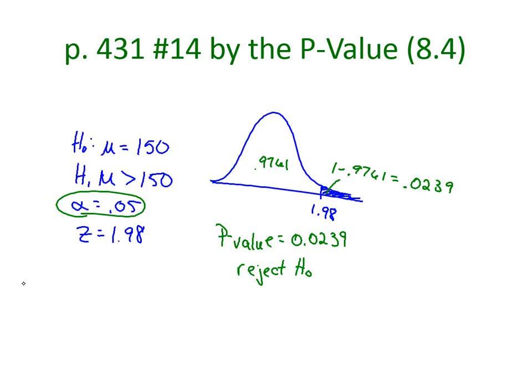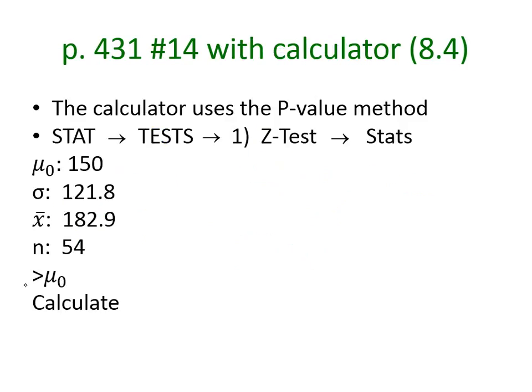Now the piece that you all want to know: how do I let the calculator do it? The calculator is able to do the p-value method. You're going to go under statistics, arrow over to test. This time it is a z-test because you're using your z-score to test a hypothesis. You know the statistics. You don't have the original data.